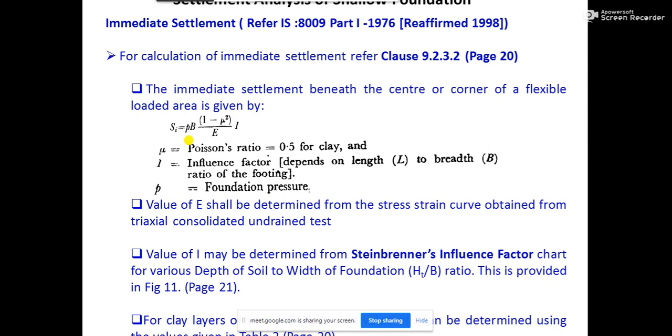What will be the value of the influence factor?